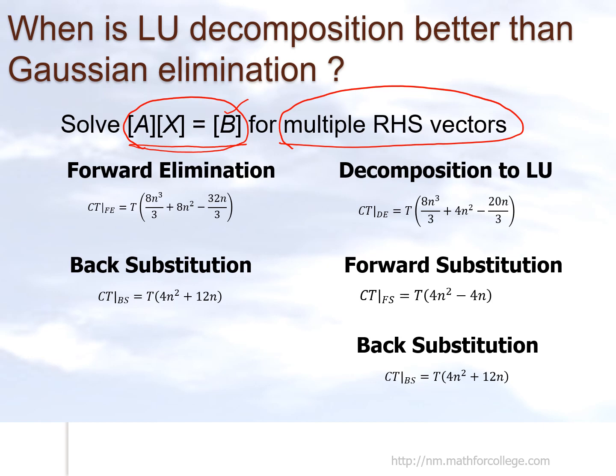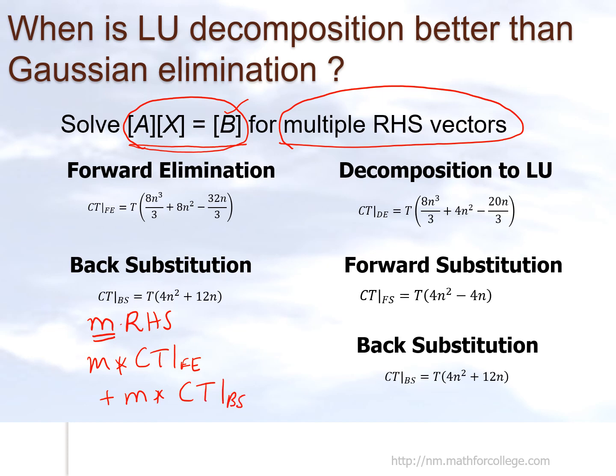Let's suppose I'm given m right hand side vectors. How much time is it going to take using Gaussian elimination? I'll have to do the forward elimination m times, and I'll have to do the back substitution m times.